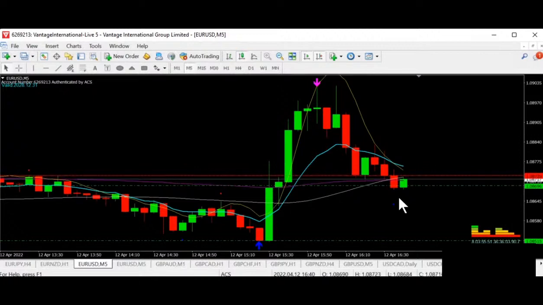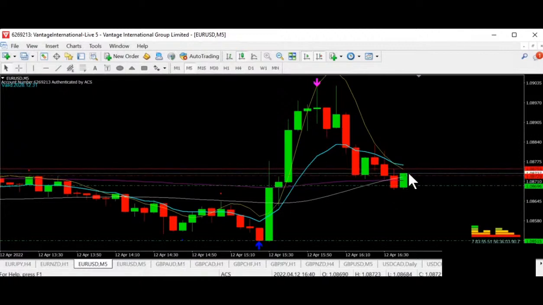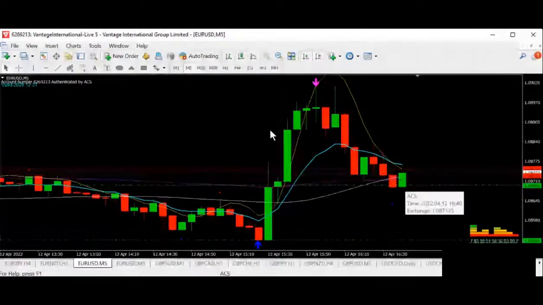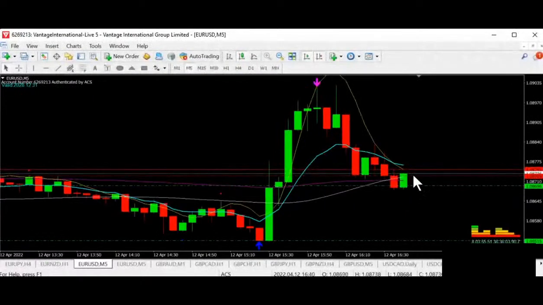So when we are entering such a trade, we are looking at this point. This is the resistance area. This is the support, which has been tested once. Now we are below the resistance area.